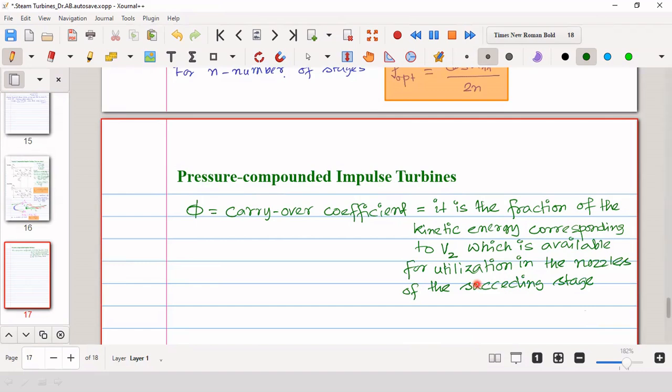Now, the fraction of the kinetic energy corresponding to V2. What is the kinetic energy corresponding to V2? V2 is the absolute velocity of the steam leaving stage 1.